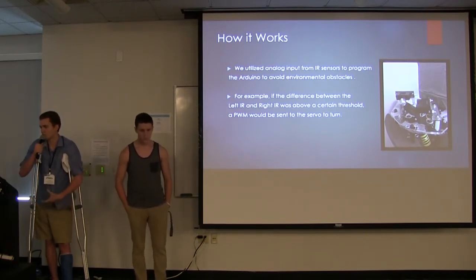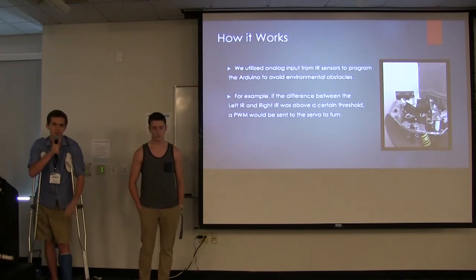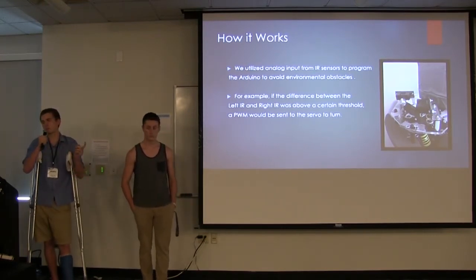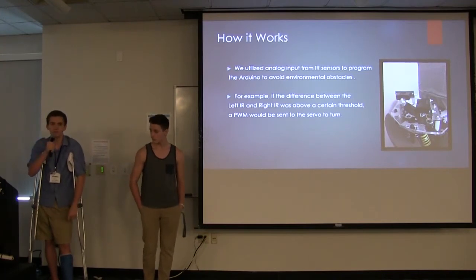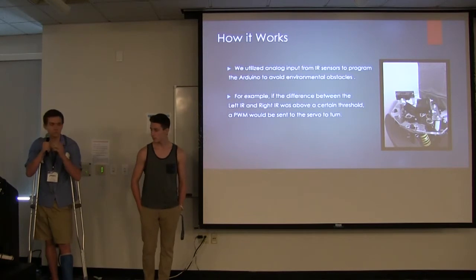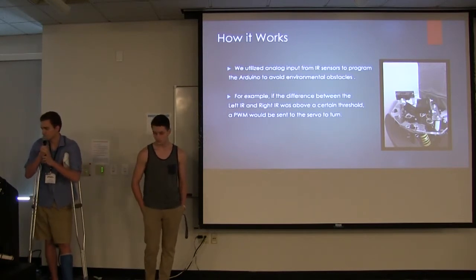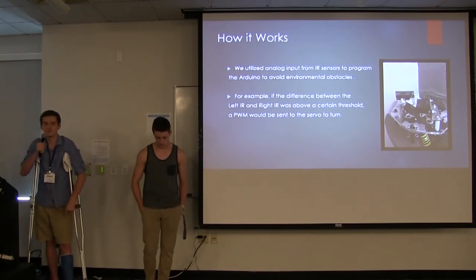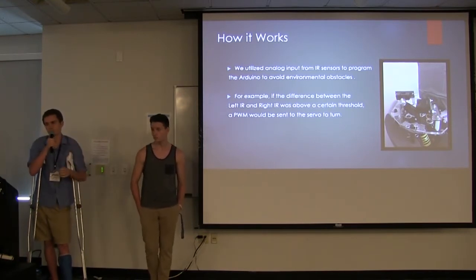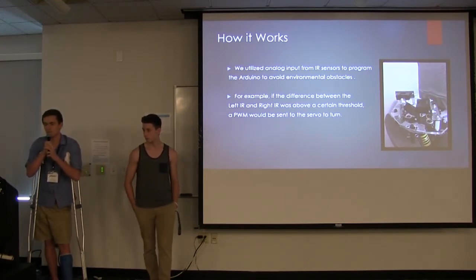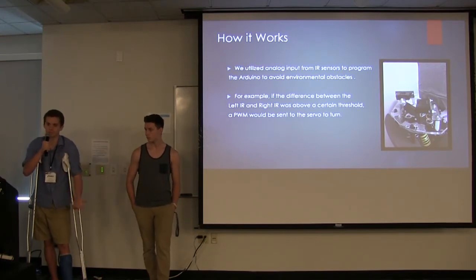So once we could do that, we were able to establish thresholds for various angles around the car so that it could avoid and react to obstacles in its environment rather well, and we'll show you. So just an example is if the right IR sensor is sensing a larger value by a certain threshold than the left sensor, then it would turn right to avoid the object on the right.